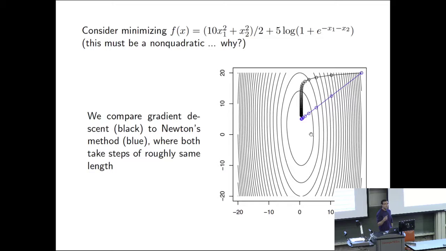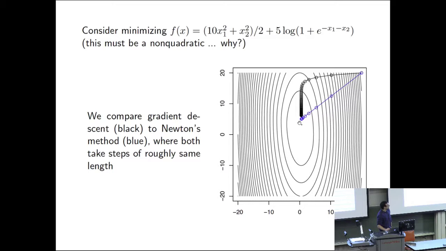The gradient is actually orthogonal at any point to any contour. If I ask for the gradient at any particular point, it points orthogonally to the contour. If I take the tangent of the contour line there and look at the normal to that tangent line, that is the direction of the gradient. And since we're moving in the direction of the negative gradient, it's moving inward towards the minimum. So this is a predictable path for gradient descent. It's just going to move orthogonal to all of your contour lines.